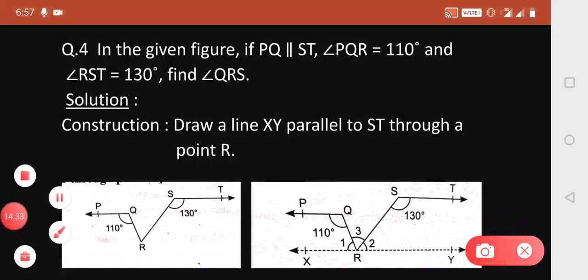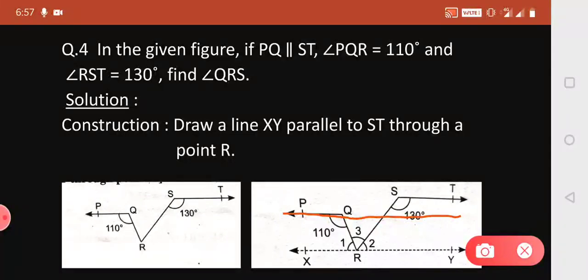As seen in the figure, when line PQ is parallel to line XY and we take QR as the transversal, we get angle PQR and angle QRX, which is given as number 1 here. We can give the number also.